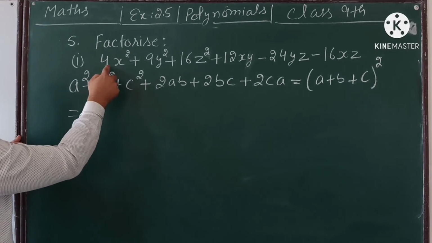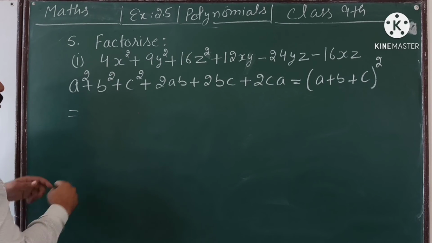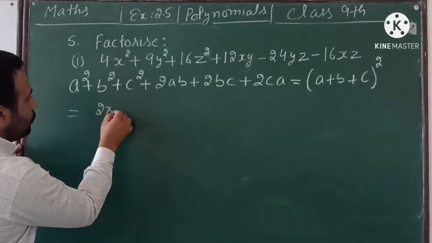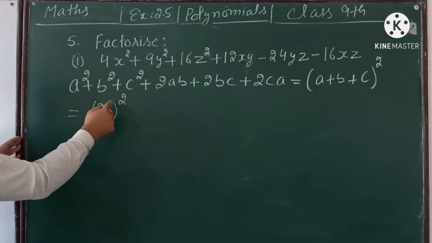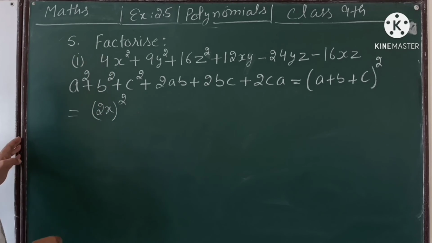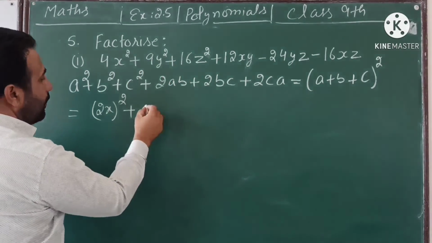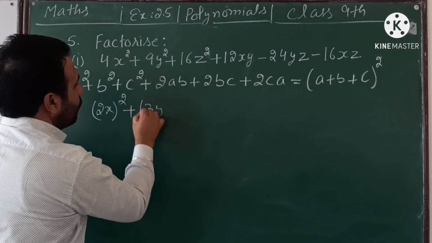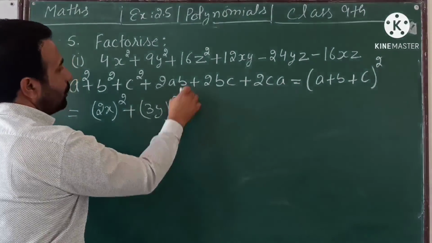How can we write 4x raised to power 2? So the square root of 4 is 2. So we can write 2x raised to power 2. Okay, if we multiply 2 and 2 we get 4x square. Okay, so now 9y square we can write as (3y) whole square. Okay, square root of 16 is 4.